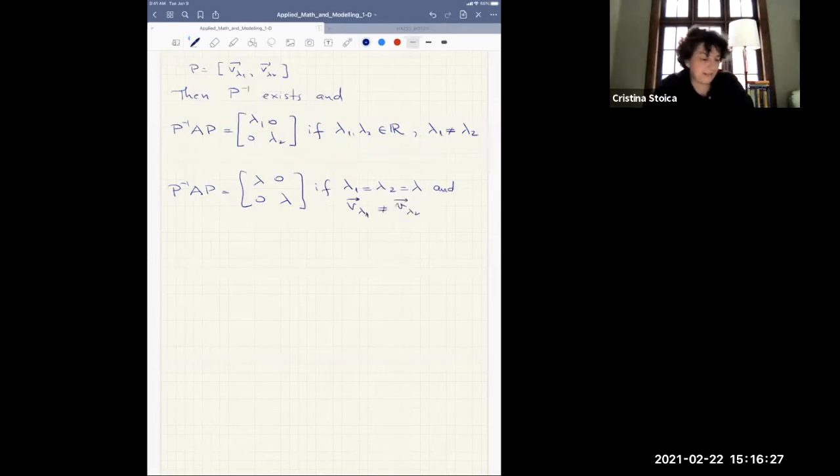So it has distinct eigenvectors, but then it may be that it has the same eigenvalues, and then it becomes something that looks like this.